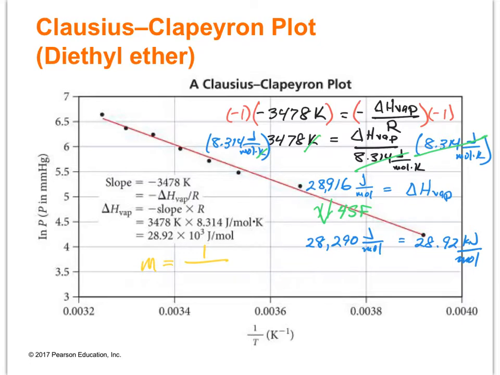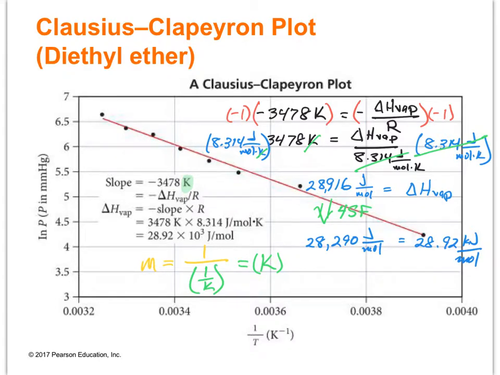Our run, the change in the x variable, is in units of 1 over Kelvin. And so if we assess the units, 1 divided by 1 over Kelvin gives us units of Kelvin. So that's where the unit, Kelvin, comes from for the slope.